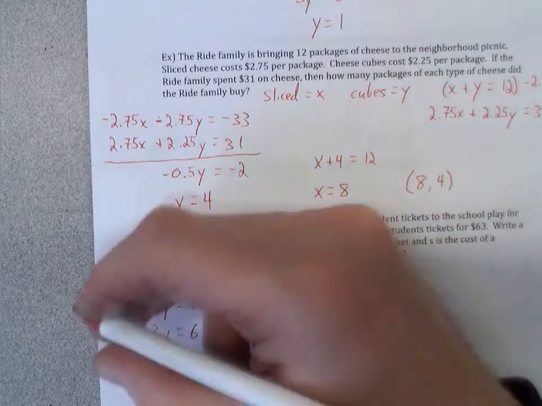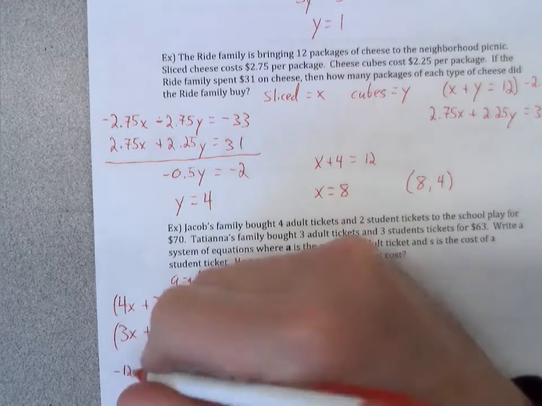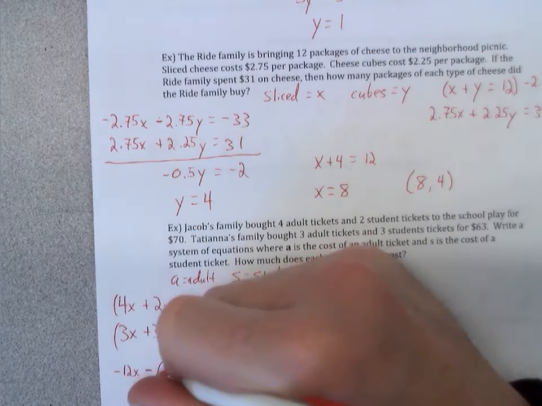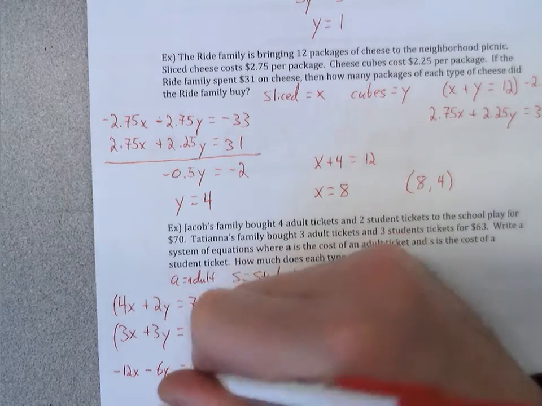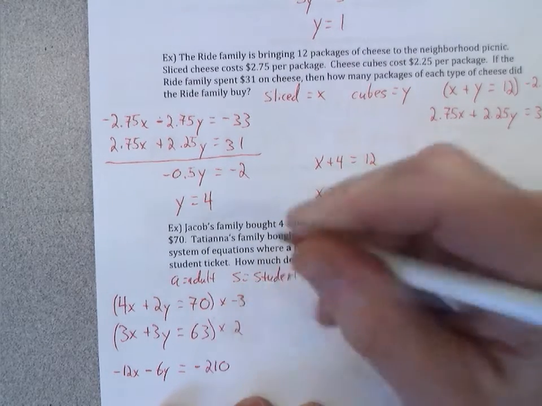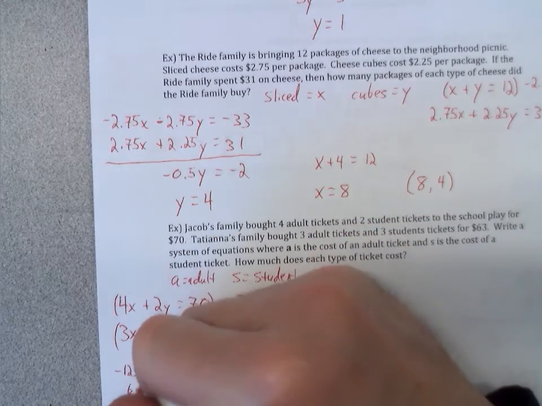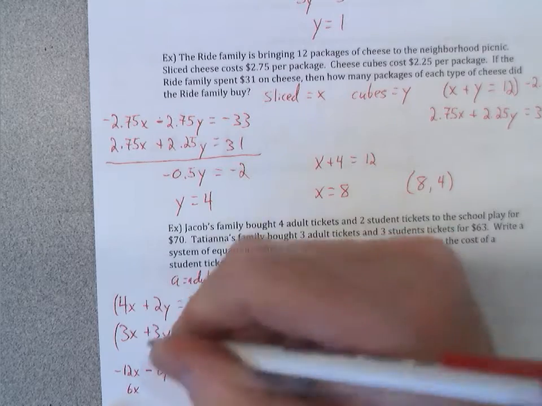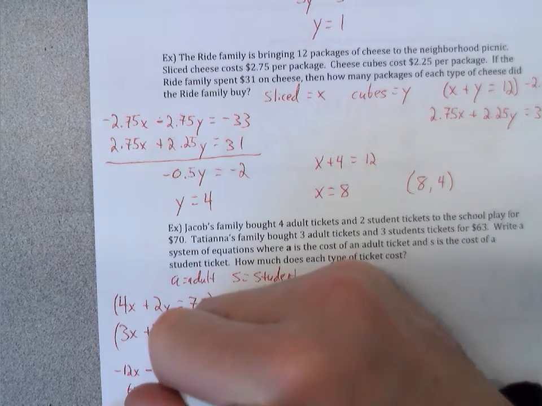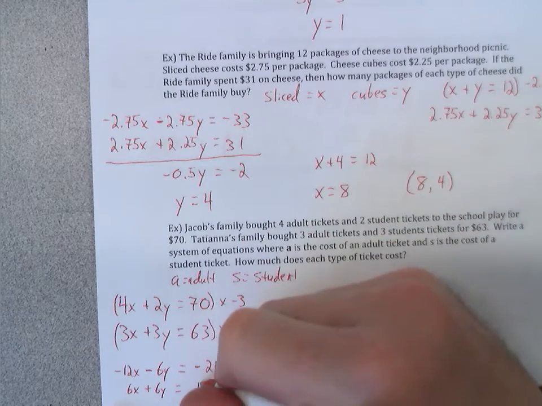So we're going to have negative 12x minus 6y equals negative 210, over 6x plus 6y, and that's going to be equal to 126.